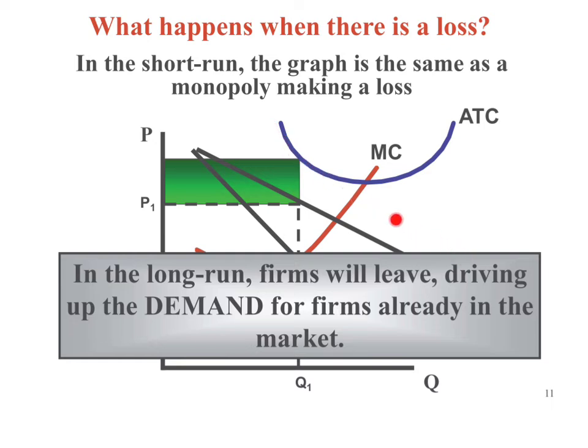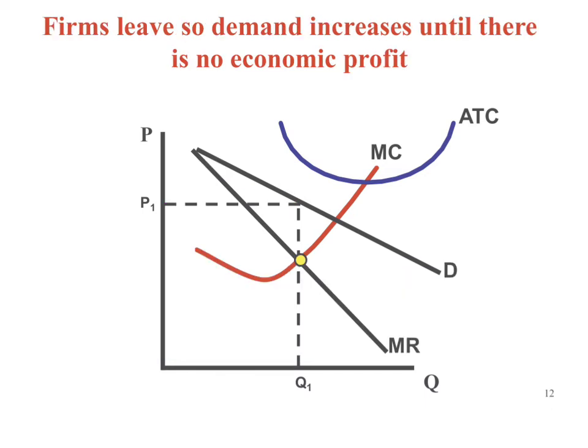We're going to see that demand curve shift right here, and we're going to see the marginal revenue curve shift with it, and that's going to increase Mateo's quantity and improve his position. He will not have economic losses, he'll have zero economic profit. So let's look at how that happens, and what that looks like.